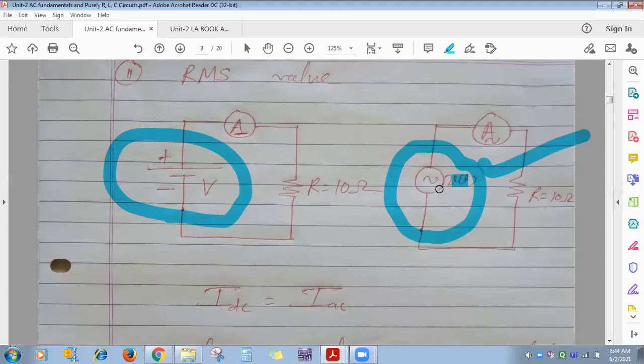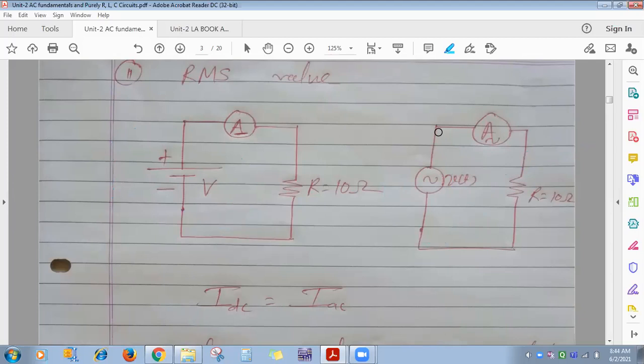So whenever the source is a single phase AC voltage, suppose you connect an AC type of ammeter in the circuit. See here, whatever circuit is on your right hand side, it is a single phase AC circuit, the source is single phase AC voltage, so the meters connected must be AC type.